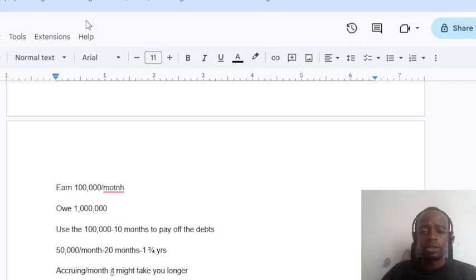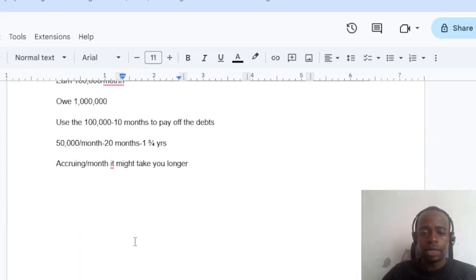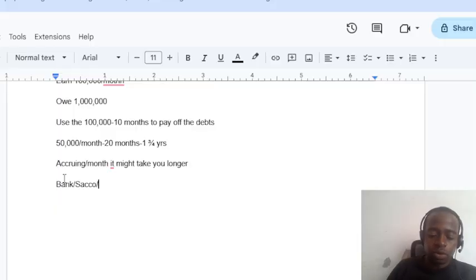All right, so for example, if I owe 1 million, I can actually go to maybe a bank or SACCO or a microfinance institution, take a 1 million loan, maybe at an interest rate of 10% per year, maybe for, let's say, 3 years.